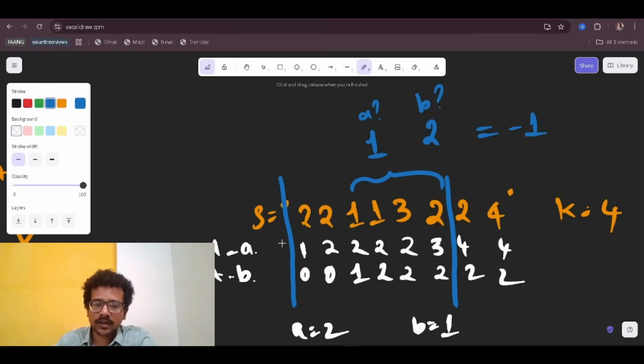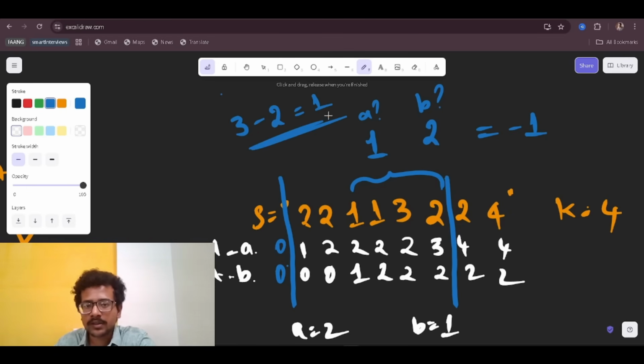So what does this mean? I need another zero previously before the 0th index. Now 3 minus 0 is giving me A's 3 times. Now 2 minus 0 is giving me 2. 3 minus 2 will give me 1. So 1 will be the maximum answer for now.